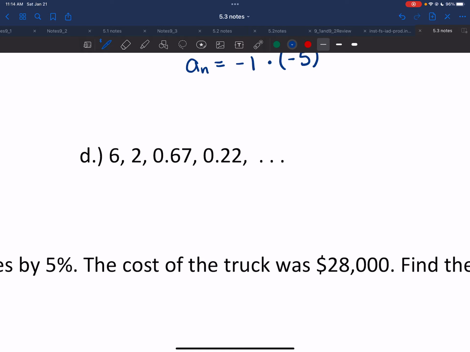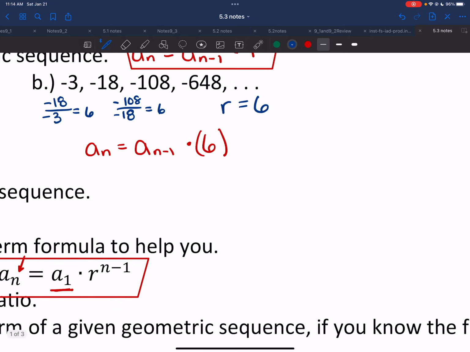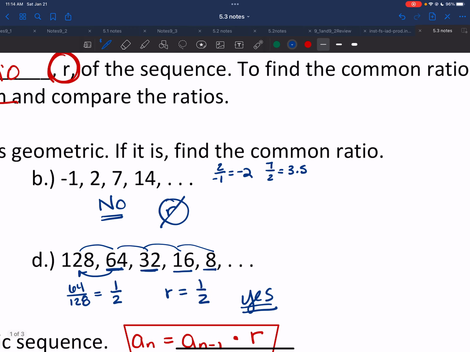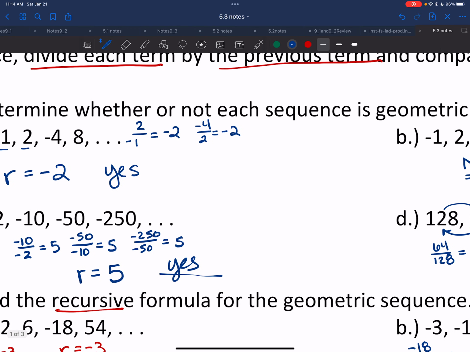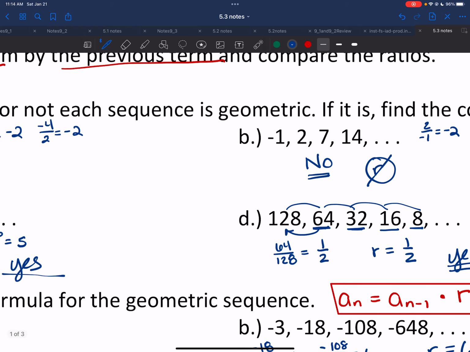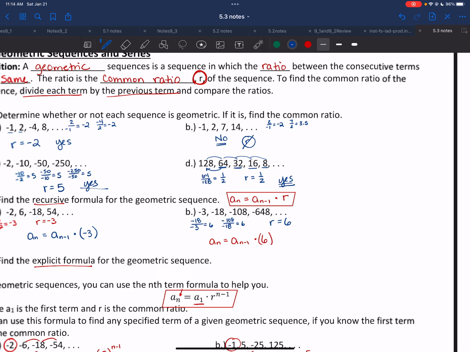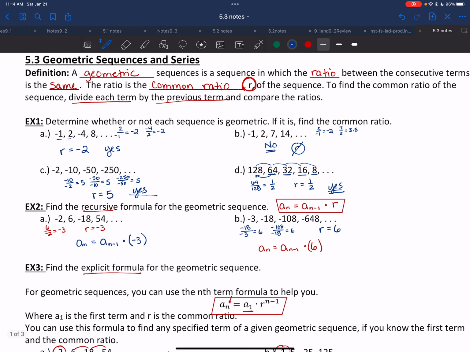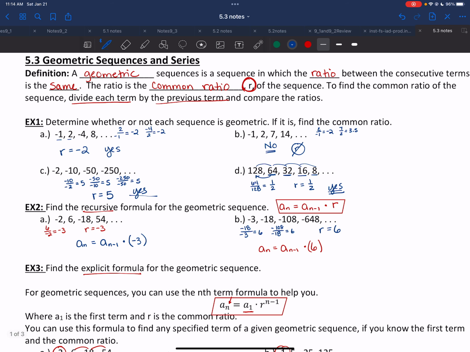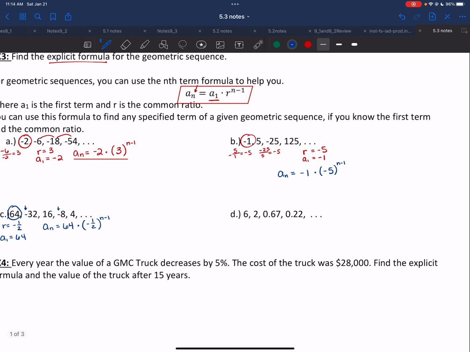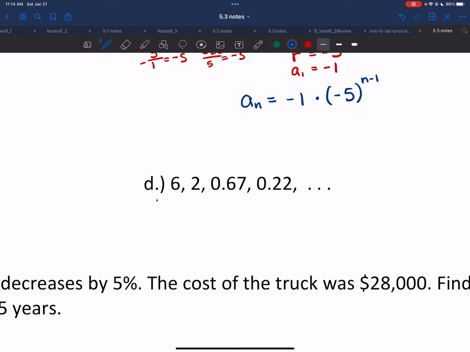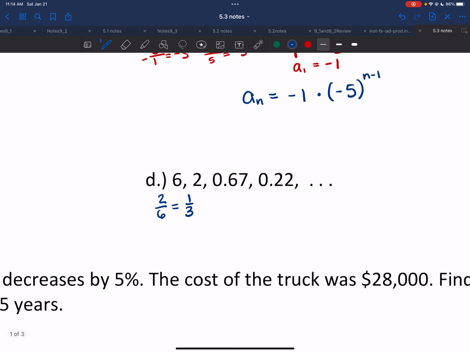From 6 to 2, that's 1/3, right? We did this way up here. We already had this one. Where did we do this one? We did not do this one as part of our examples. Okay. So 2 divided by 6 is equal to 1/3. If I go ahead and check and do 0.67 over 2, I should also get 1/3.